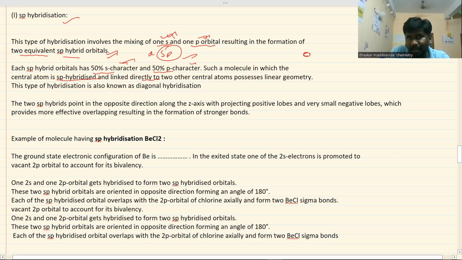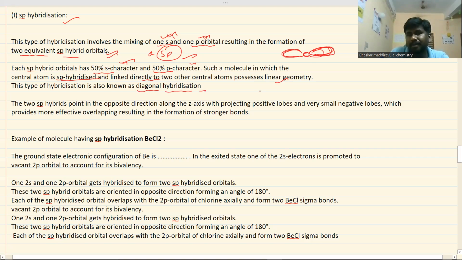Around the central atom, these two sp hybrid orbitals arrange in a linear way and link to the central atom. So sp hybrid orbitals possess linear geometry.